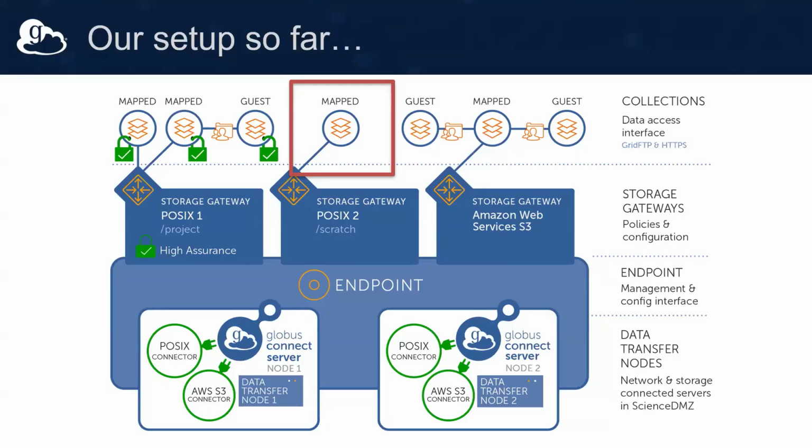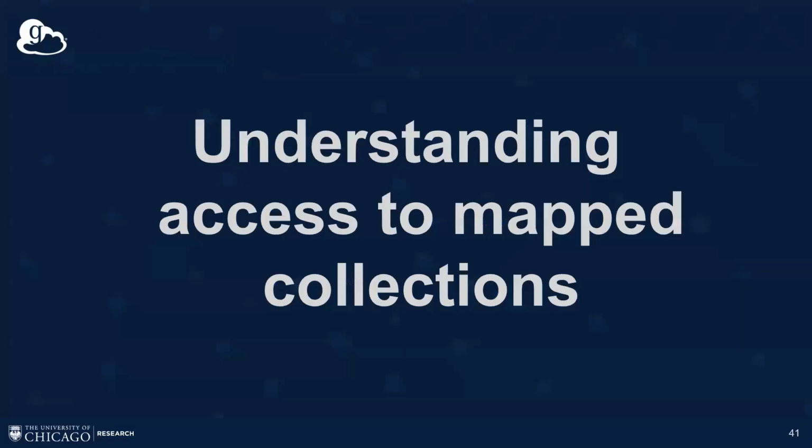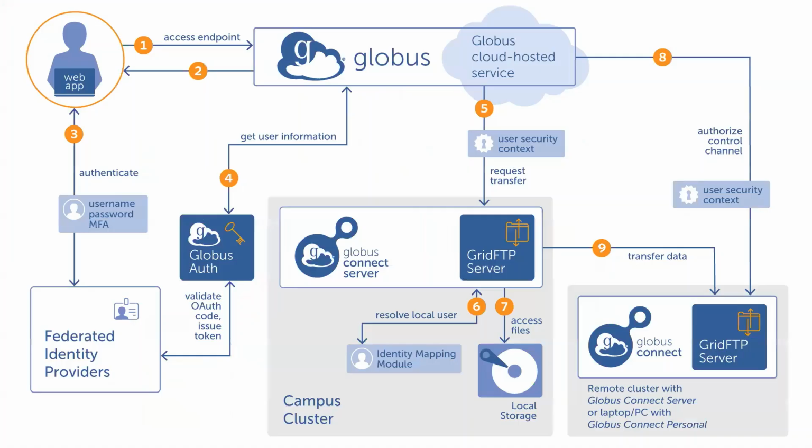All right. So we have our setup. Again, just to summarize the overall picture, how does the Globus transfer happen? The user comes in and accesses the Globus web app, for example. They're sent to authenticate to their identity provider.